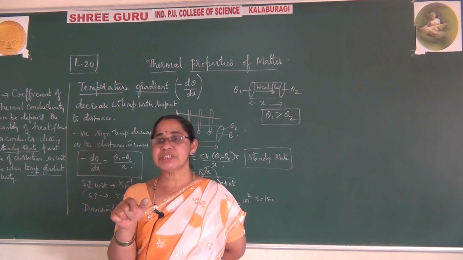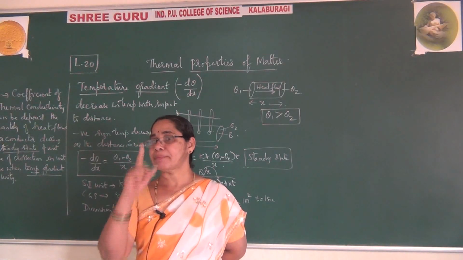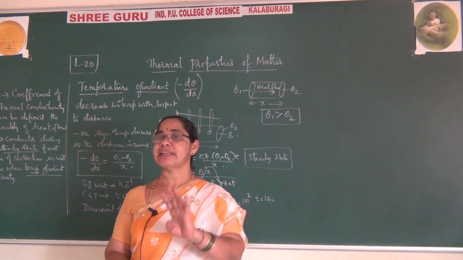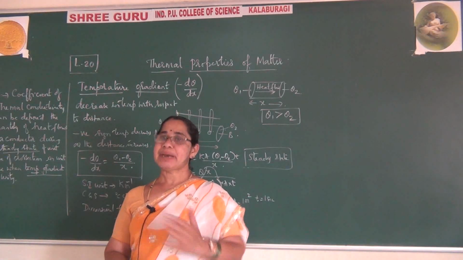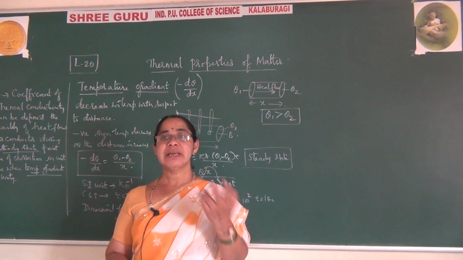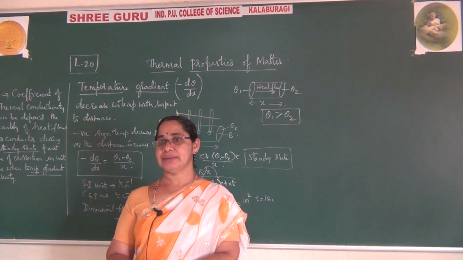If they ask this question, then the factors it depends on carry 1 mark. So if by chance they ask all these 5 steps, it carries 5 marks. Separately, if they ask for 2 marks, on what factors the coefficient of thermal conductivity depends, it carries only 2 marks. At that time, you only have to write the factors.